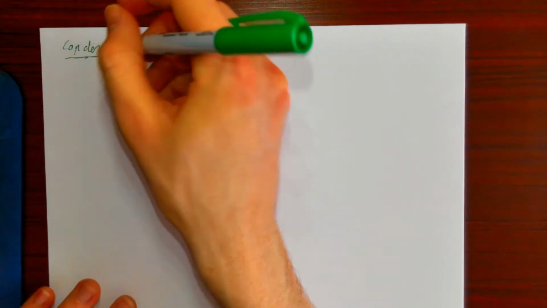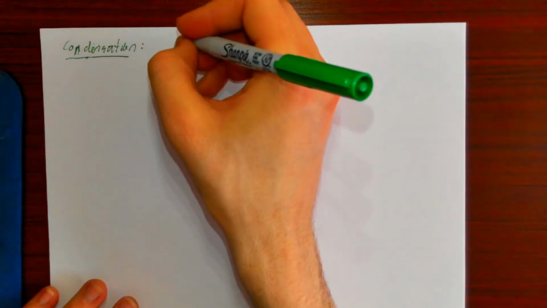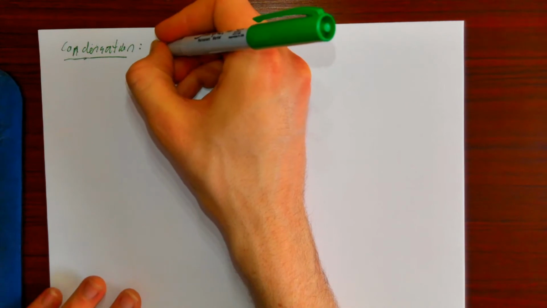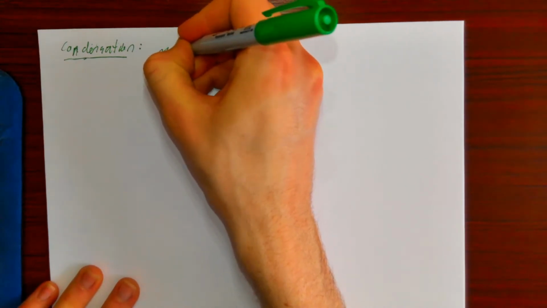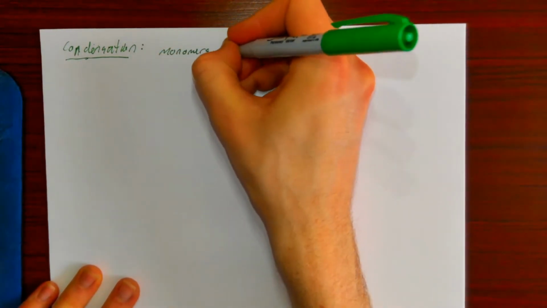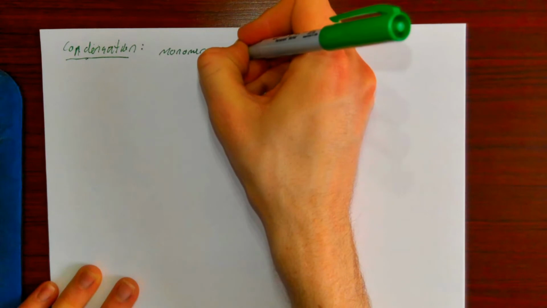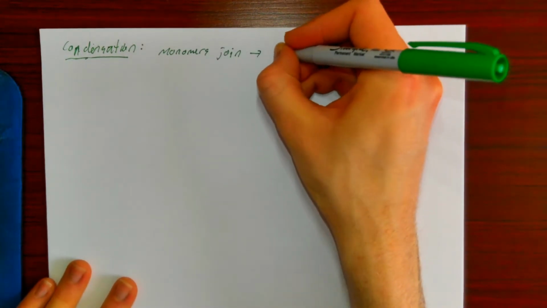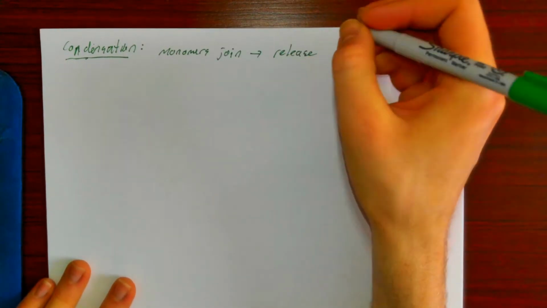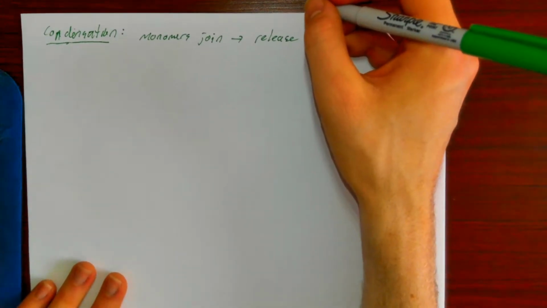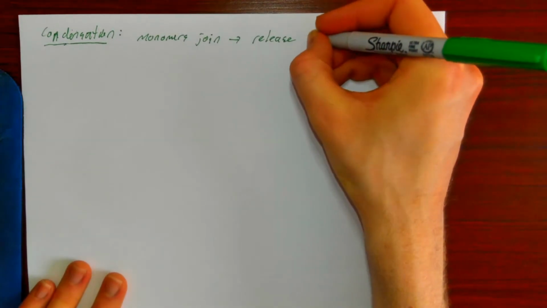For most condensation reactions, basically the condensation comes off, so monomers join one another. So monomers join, and when they join, they typically release some small molecule as a byproduct of the reaction.